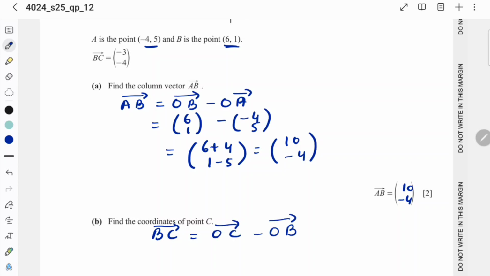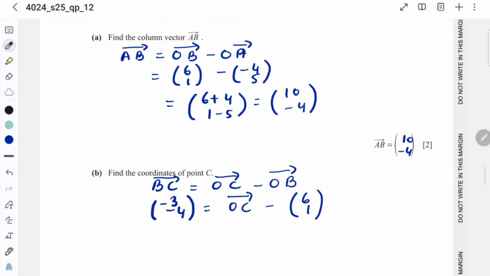Alright, and BC is given here. BC is (-3, -4). C is required, and B is (6, 1), given at the top. So now we are solving like we usually solve equations.